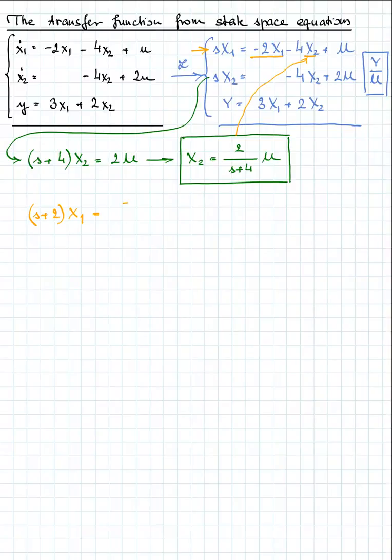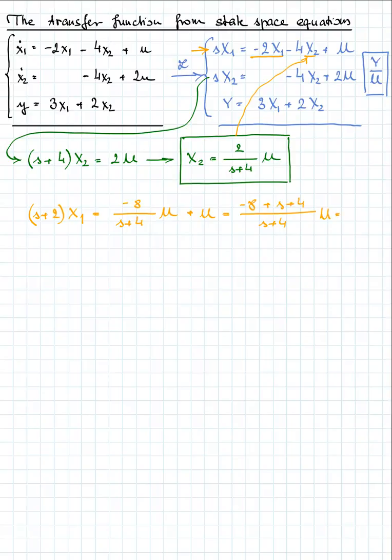So this will be minus 8 over (s plus 4) U. We can write the following: s plus 4 in the denominator, minus 8, and s plus 4 in the numerator.